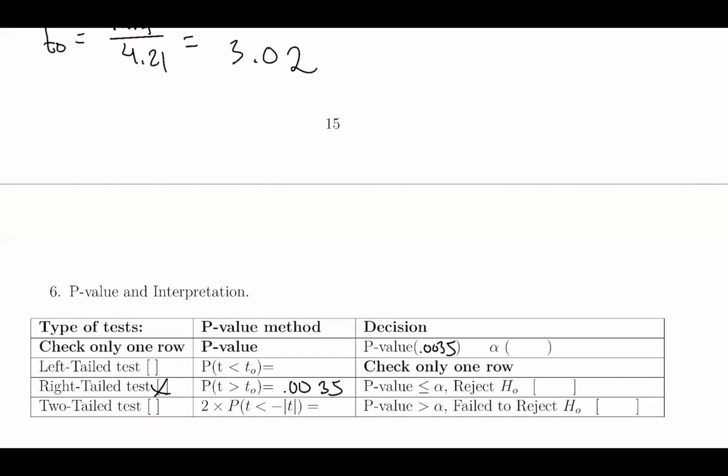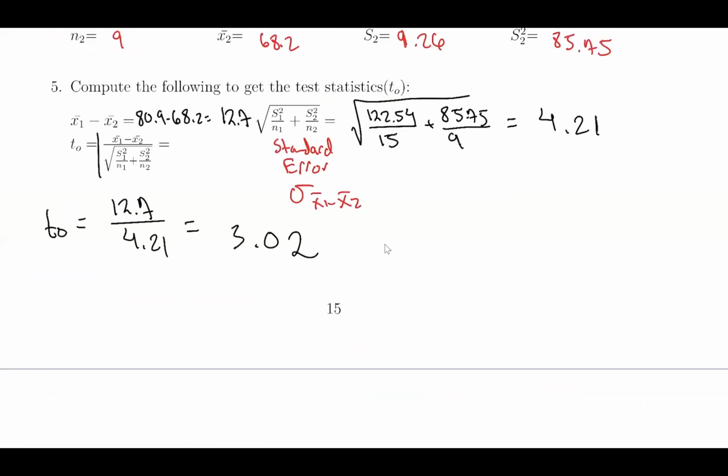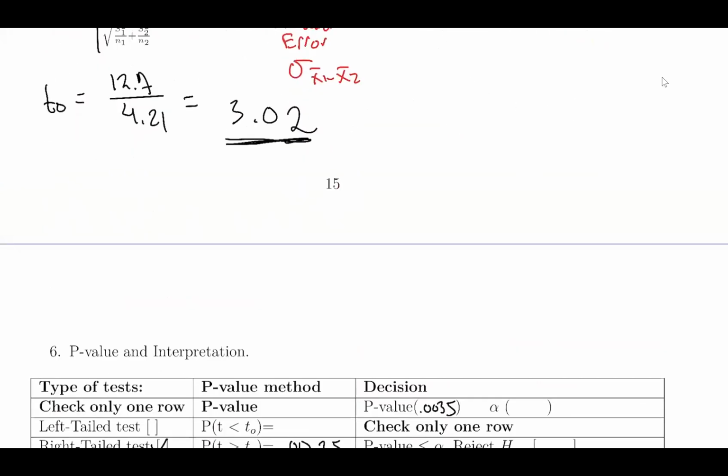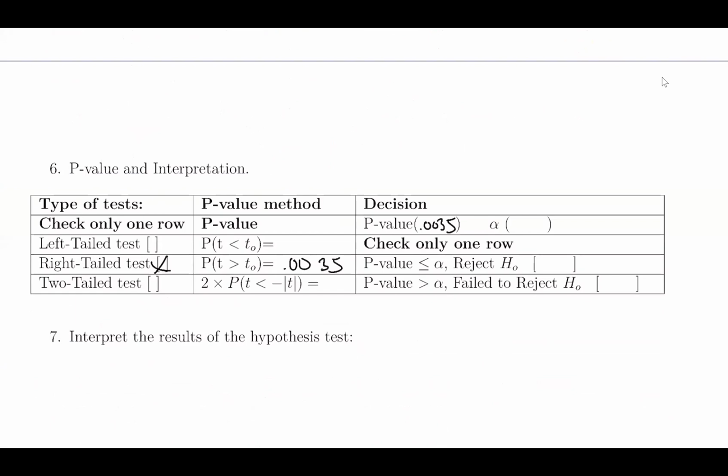All right, so while you were gone, I entered the t value, 3.02. That's telling me how much of a difference we have. I also entered most of step number 6. If you look at step number 6, I put that this is the right-tail test because we put the right arrow.